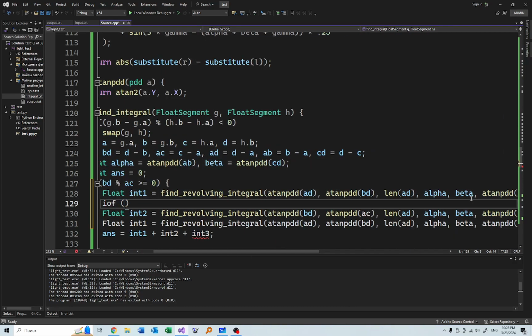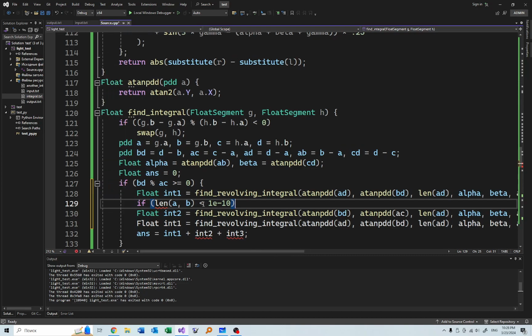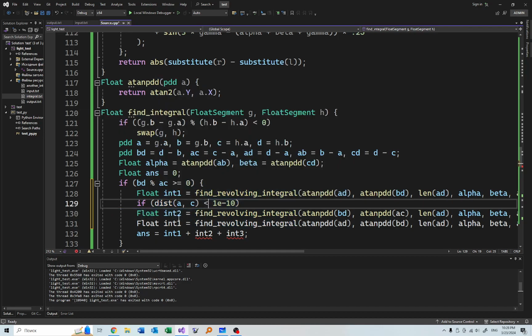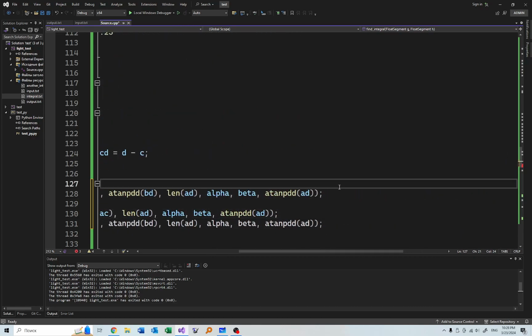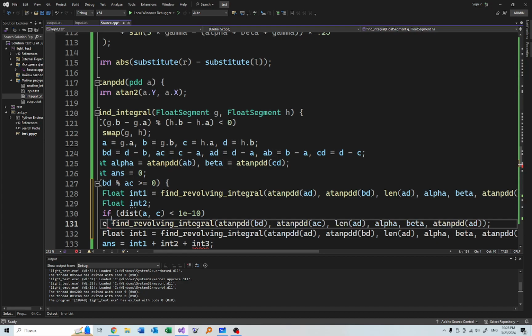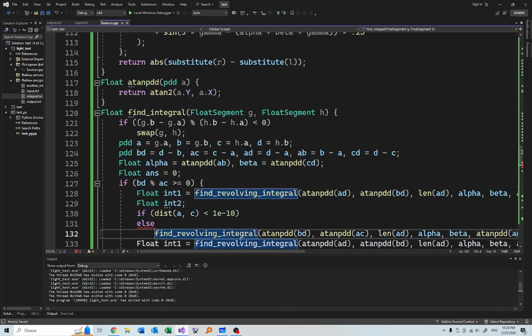Yeah, how do we check that the distance is not huge? Okay, so if length between A and B is less than 1e minus 10, between A and C, then we need to come up with something else.